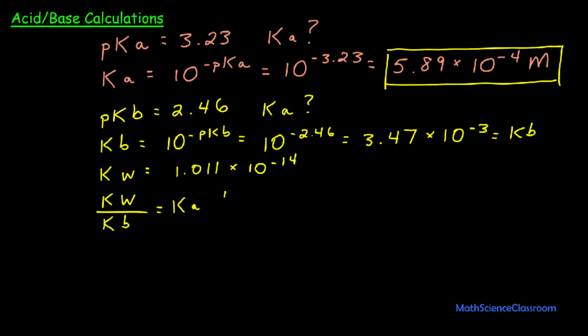So it's 1.011 times 10 to the negative 14 over 3.47 times 10 to the negative 3. Let's punch this into our calculators.